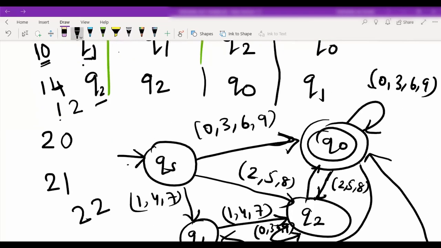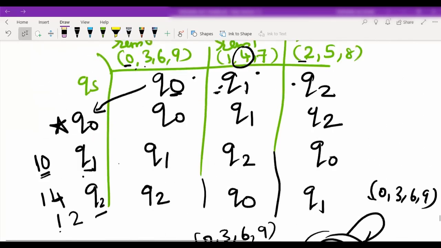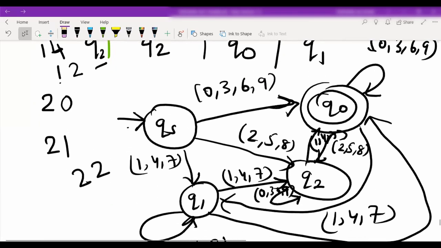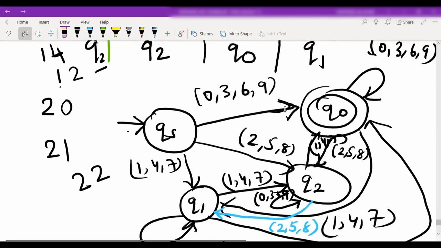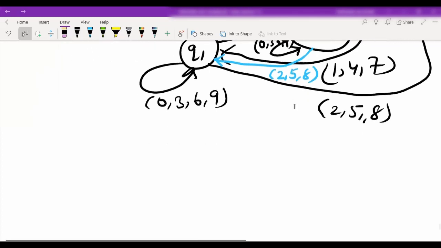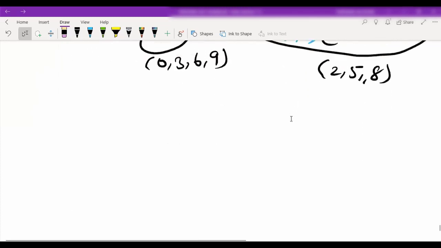Now Q2 on 2, 5, 8 goes to Q1. Okay, so this is how we will draw the state transition diagram for decimal numbers divisible by 3.